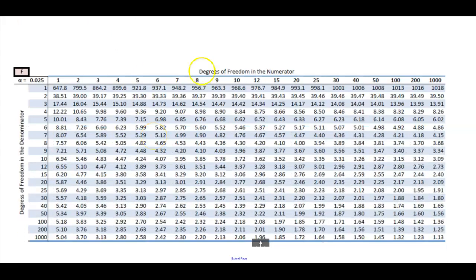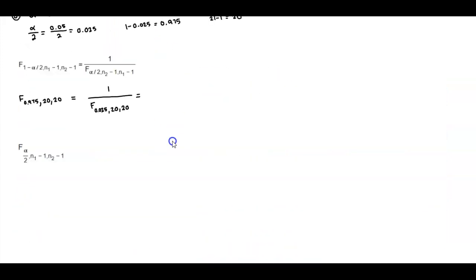So let's go ahead and find that critical value. The degrees of freedom in the numerator is 20, and the degrees of freedom in the denominator is 20. And so we end up getting 2.46. So this becomes 1 over 2.46.